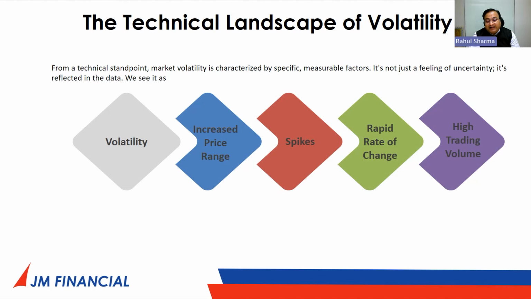Then you have a rapid rate of change. Rate of change is something that cannot always be seen. If you see a daily chart, you may not be able to see the rate of change that happened in that day. But if you get into micro details, the speed at which the market moves, that is something that can be seen. If you are a screen reader, sitting in front of the terminal, you can very well gauge it.